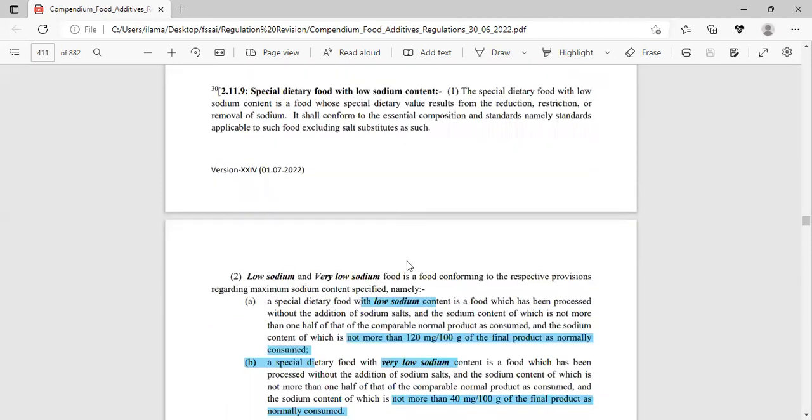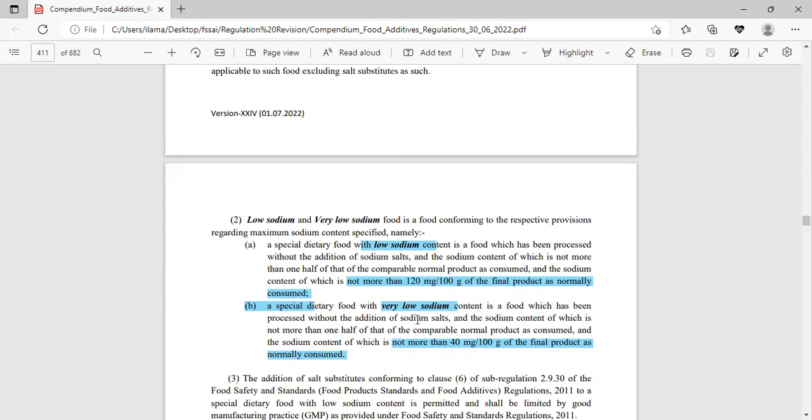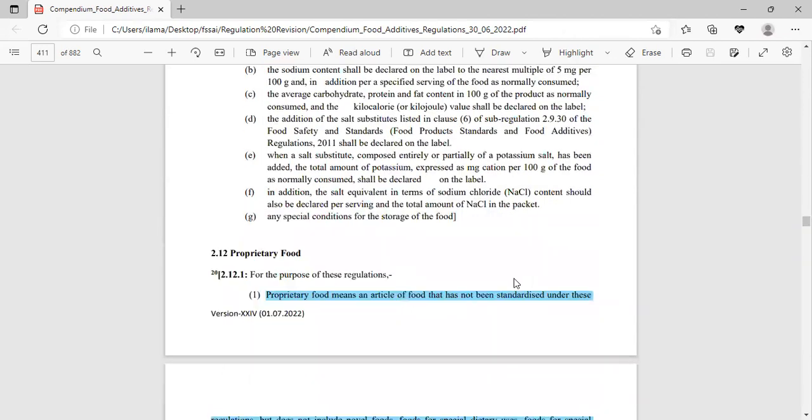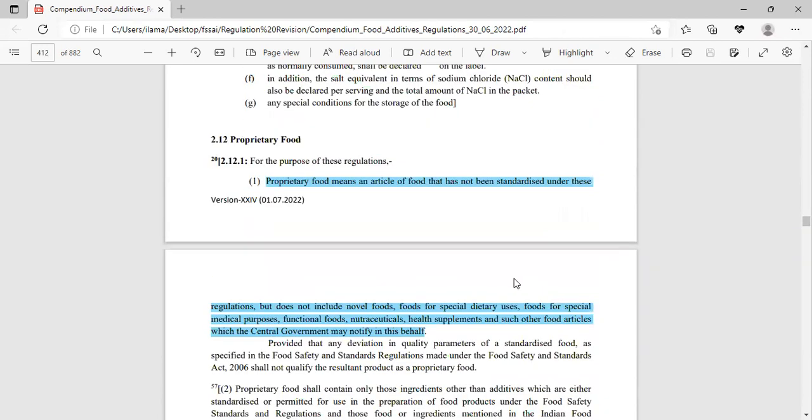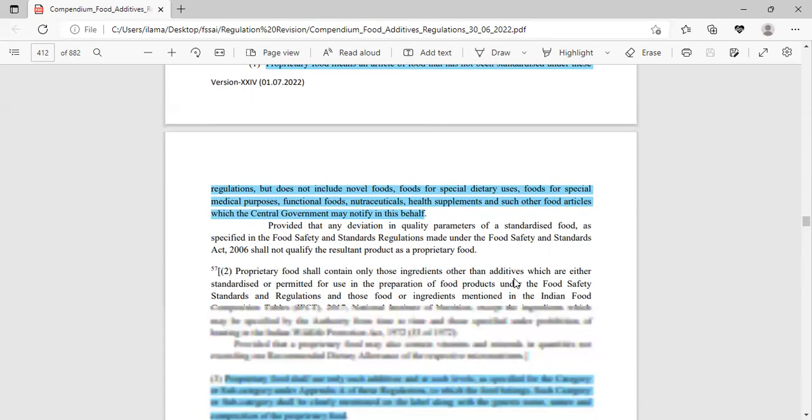If we are making declarations for low sodium, then the range is 120 mg per 100 gram. Very low sodium means not more than 40 mg per 100 gram. Proprietary food means food which has not been standardized under any of the novel food, food for special dietary use, food for special medical purpose, functional food, nutraceutical and health supplements.